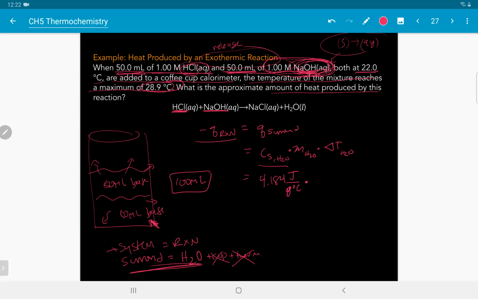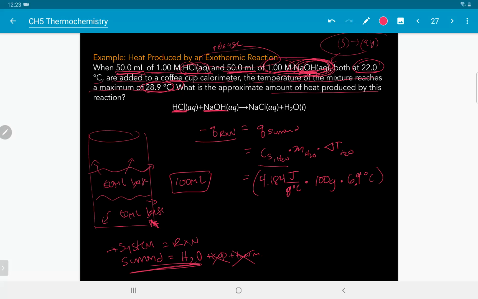And the density of water is 1 gram per milliliter, so that means we have 100 grams of water. What was our change in temperature of the water? Both of these were at 22 and the final temperature was 28.9, so we calculate delta T: 28.9 less 22, and I get 6.9 degrees Celsius.